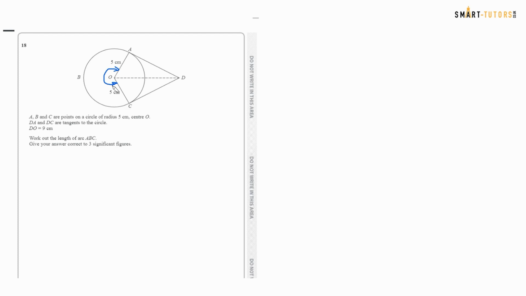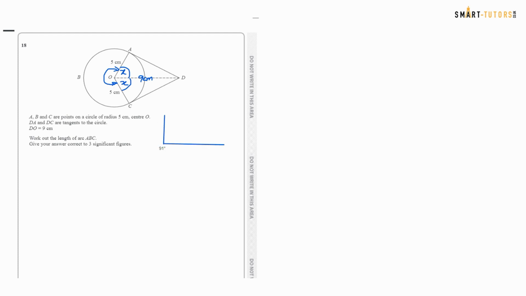So in order to find out the angle, we need to start with inside this angle. Let's say I put this as an x. So this angle and this angle are equal because these two triangles are congruent triangles. So first of all, we need to find out this x, and this is 9 centimeter because OD is 9 centimeter.